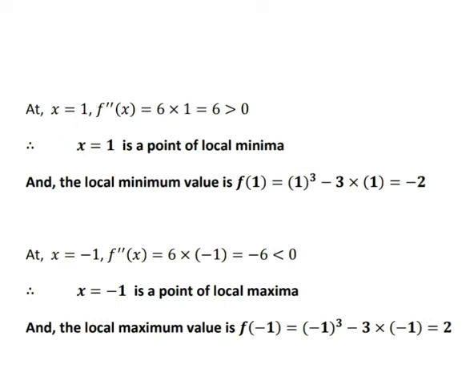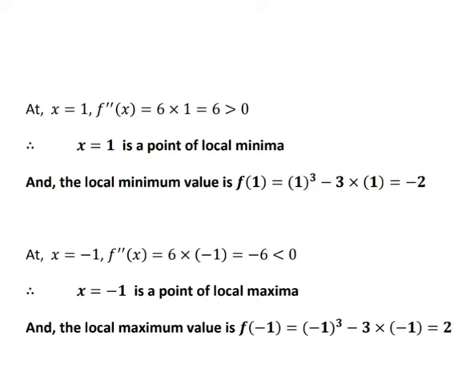If it is greater than 0, whenever you get a value which is greater than 0, in this case and always, we say that x equal to 1 is a point of local minima. Greater than 0, we call it point of local minima. And we now understand that x equal to 1 is a point of local minima.